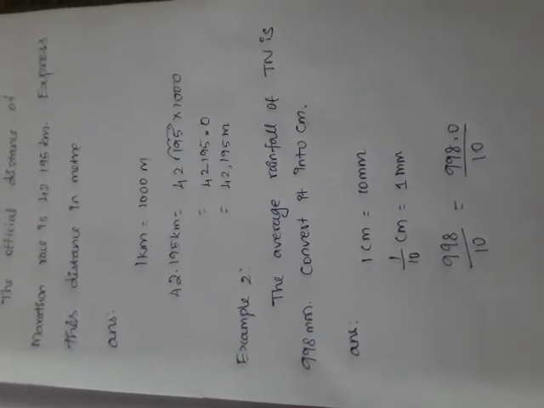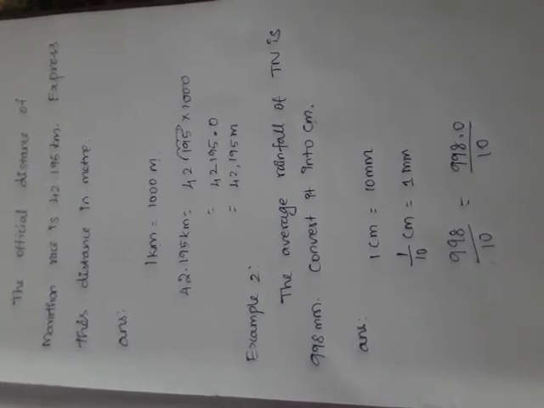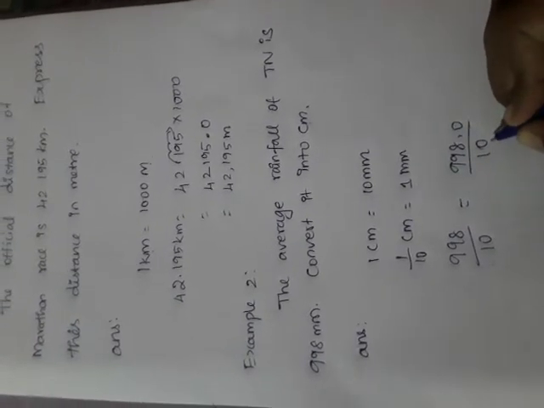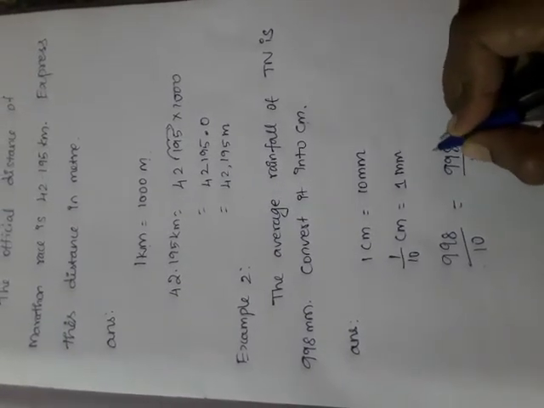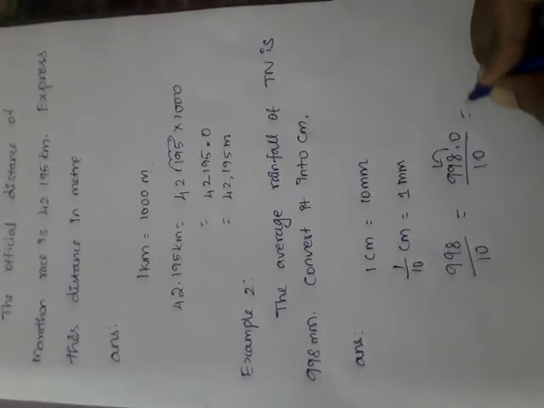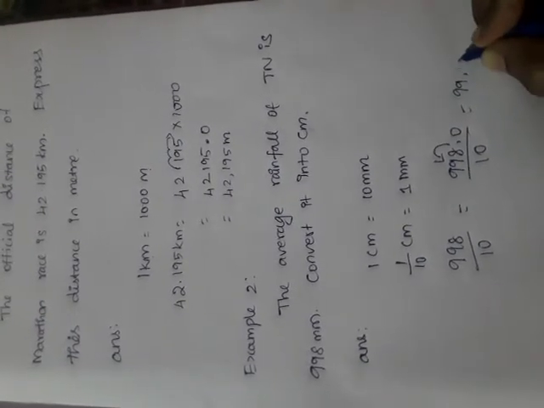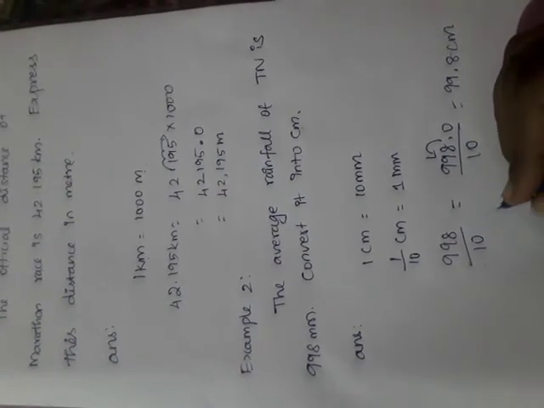Already I said, if the number is missing, you just put a 0. Here, how many zeros are there? Only 1 zero. So move your decimal point one place to the left side. So the answer is 99.8 centimeter.